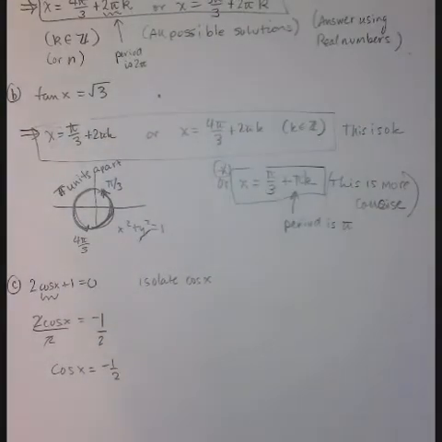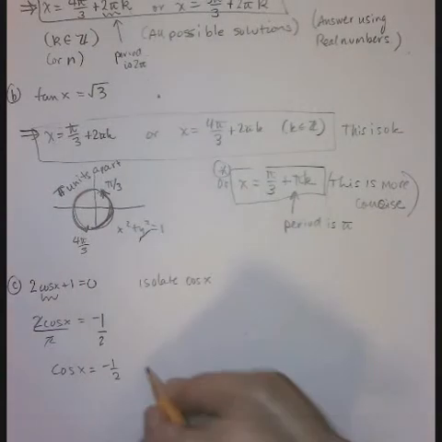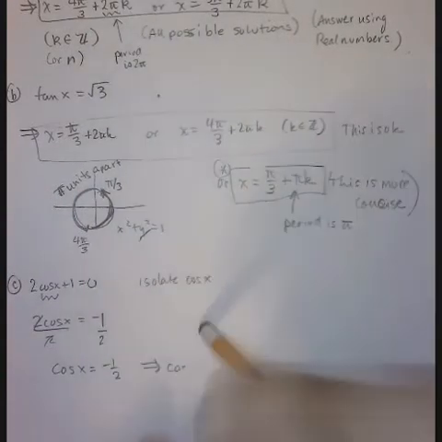So again, we have a reference angle of pi over 3. Apparently I like that reference angle today. Right, cosine of pi over 3 is 1/2. But cosine is negative in quadrants 2 and 3. So this would imply, excuse me, not cosine x, this is x now.